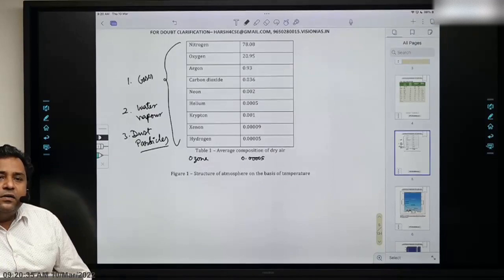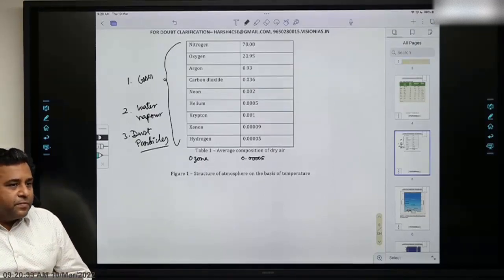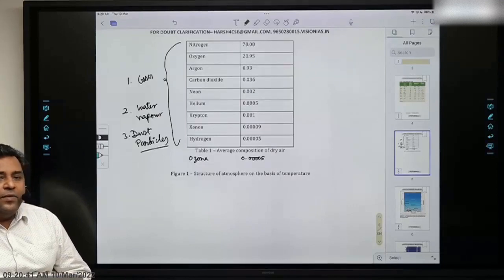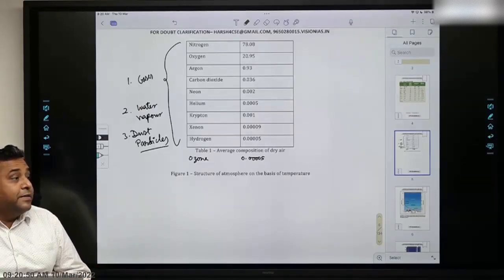And how much water vapor do you find in different regions of the atmosphere? Where do you find more water vapor? Where do you find less water vapor? There is some pattern. Come again.